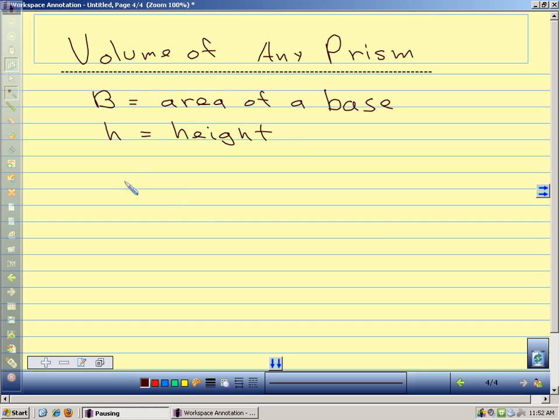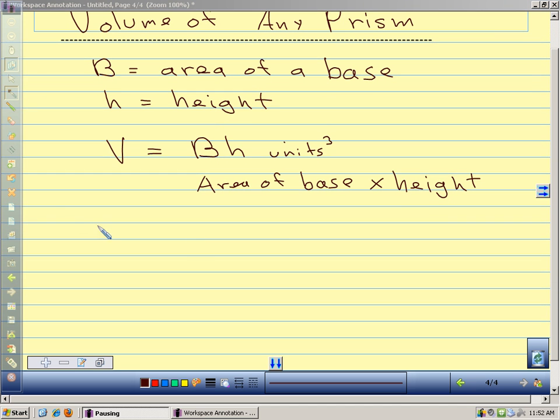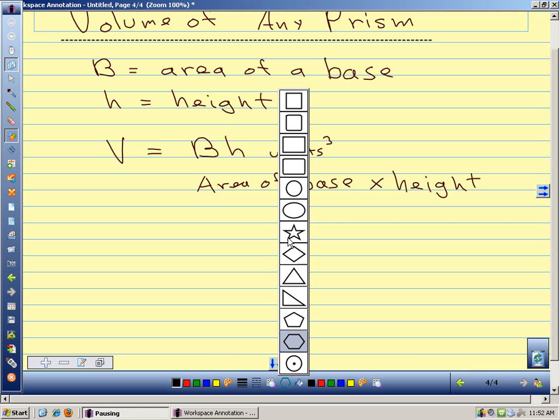The volume is the area of the base times the height, and that's going to be units cubed. Now, we talked just the other day about the volume of a rectangular prism.